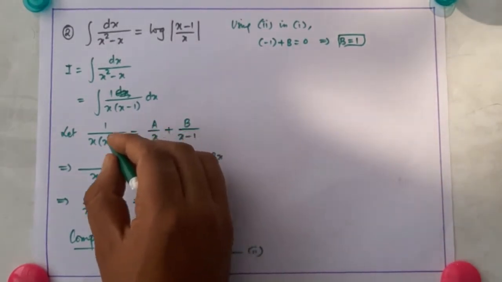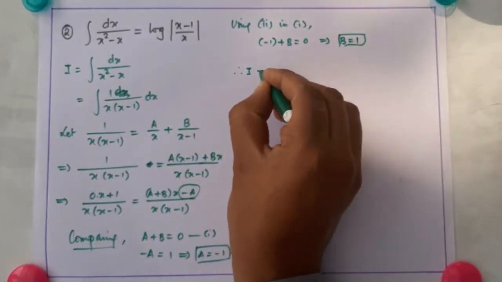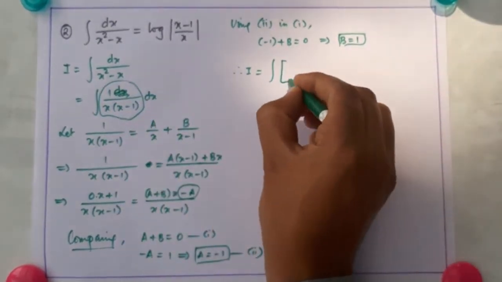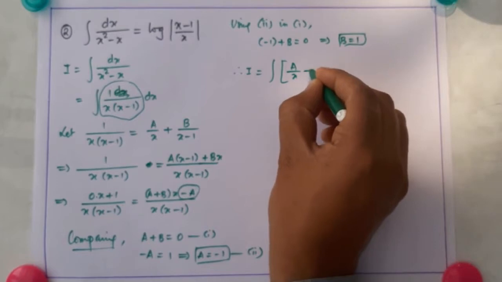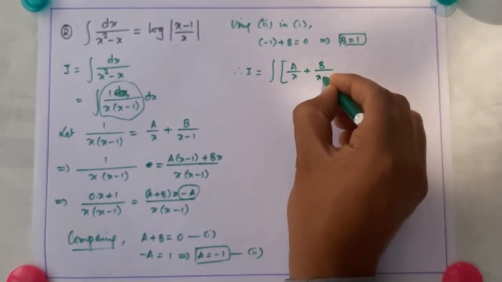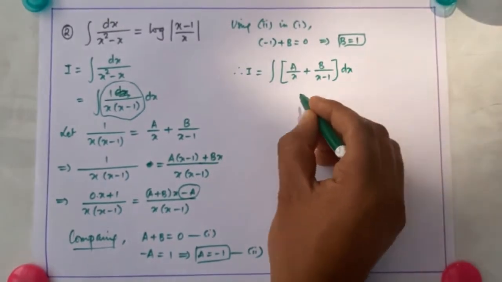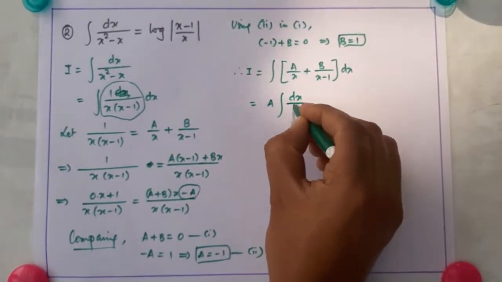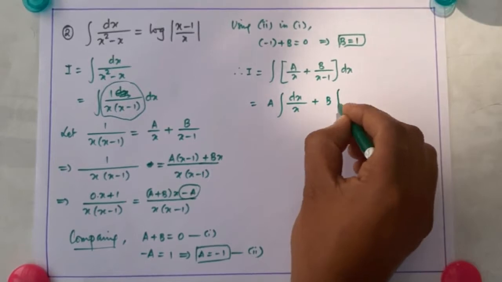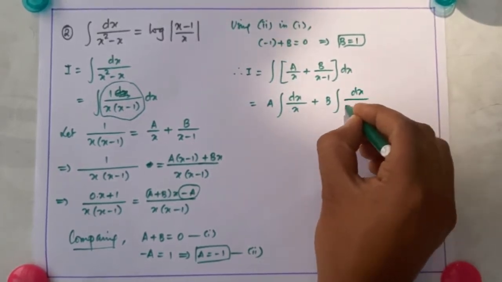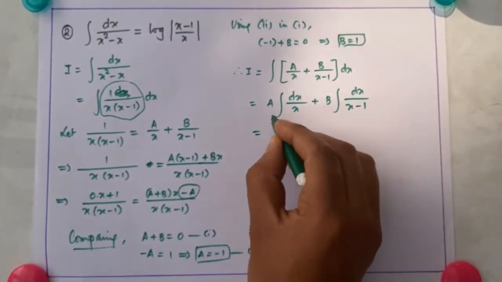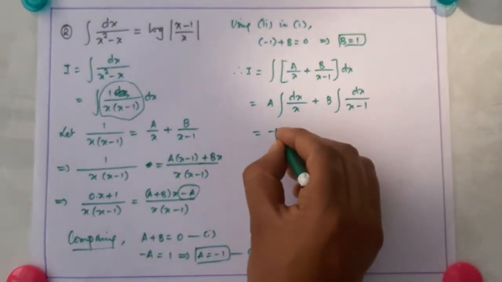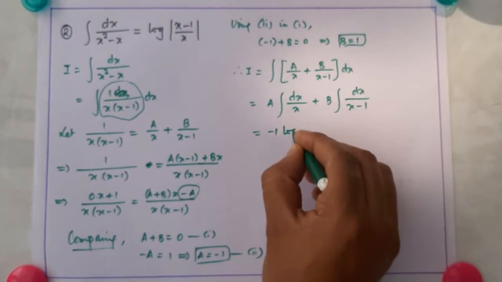So let's get back to our work. Therefore your integral I will be, 1 by this can be written as a by x plus b by x minus 1, with dx. So this can be written as a into the integral of dx by x plus b into the integral of dx by x minus 1. A is minus 1, so this is log x, isn't it?